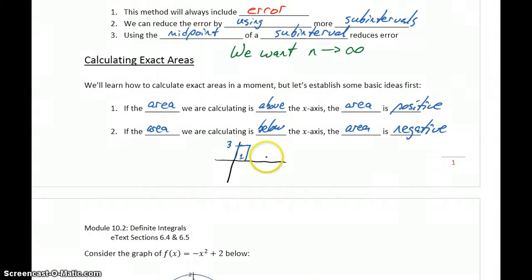If we had another rectangle that also had a width of 1, but dipped down below the x-axis instead, that function value down there would be negative 3. So while the area of this rectangle would be positive 3 times positive 1, which would give us an area of 3, the area for this rectangle would be negative 3 times positive 1, or an area of negative 3. So if we get a negative value as a result, it means that our area, or the majority of our area, was below the x-axis.